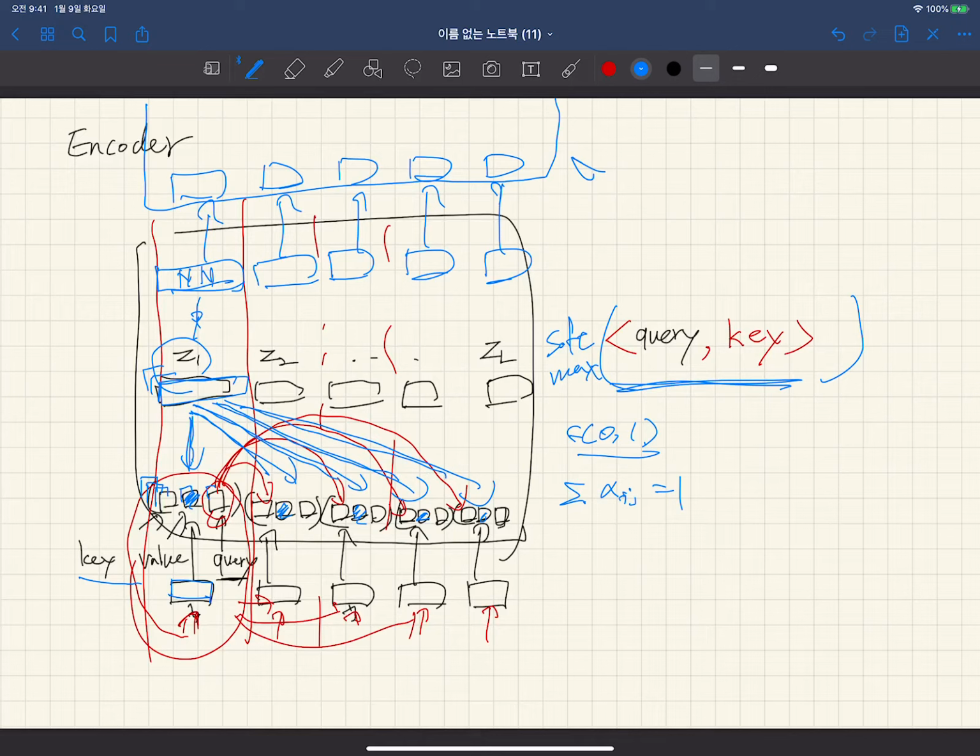So the encoder is based just on the self-attention mechanism, and using self-attention, they adaptively combine different position information with different points of view, and using multiple layers and multiple self-attention units, they can make a very nice encoded vector.